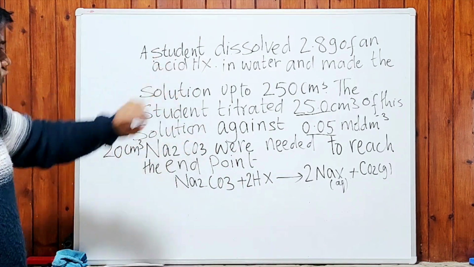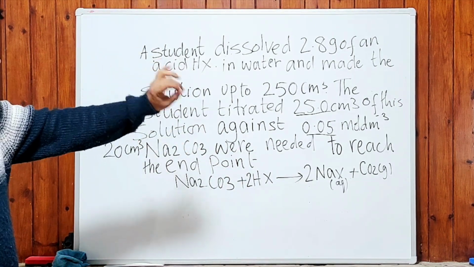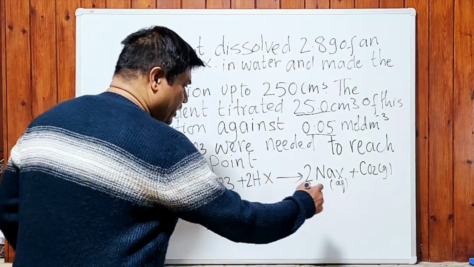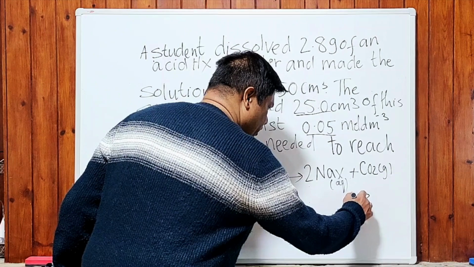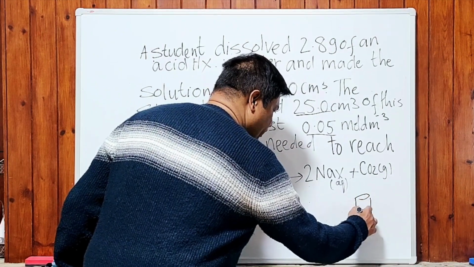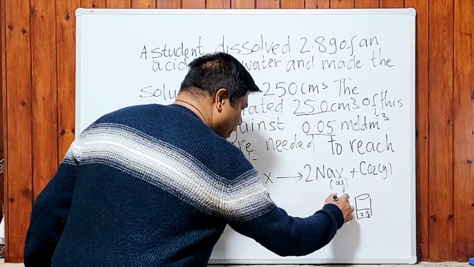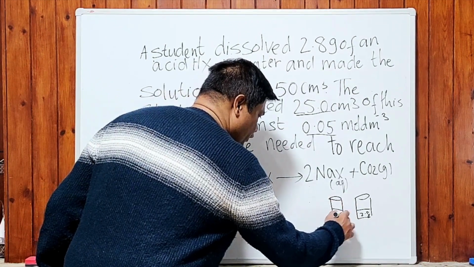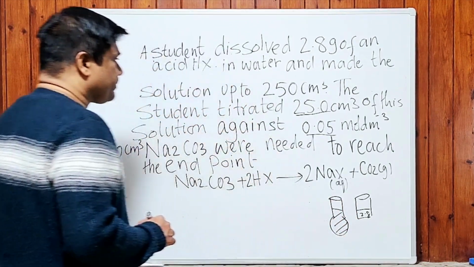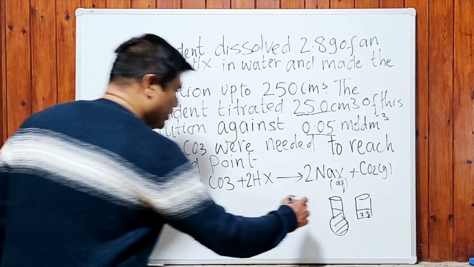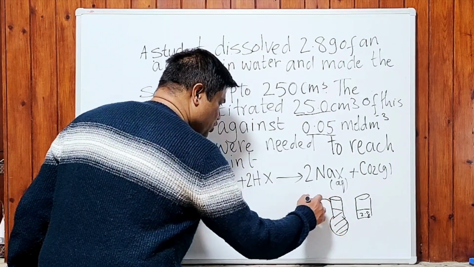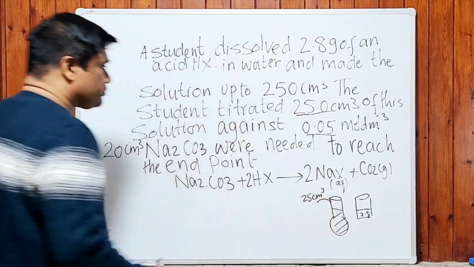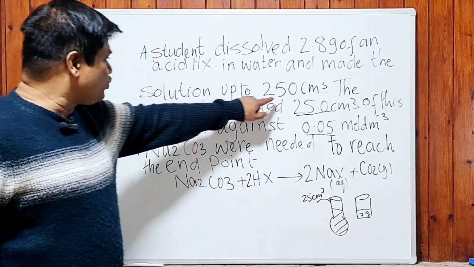A student dissolves 2.8 gram of an unknown acid in a small beaker, transfers that into a volumetric flask and makes the solution up to 250. After he made the solution, he used only 25 centimeter cube of it.